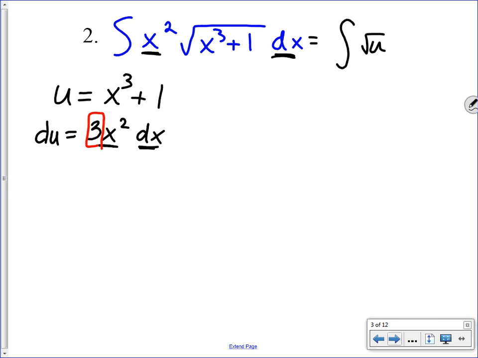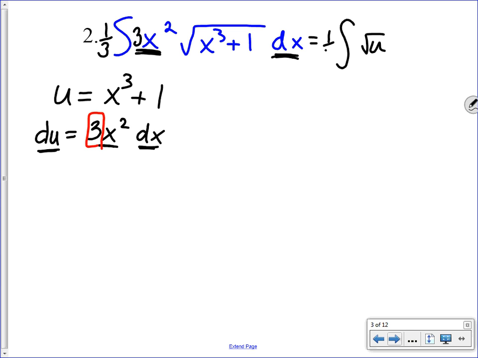I can add the 3 up here to the original integral as long as I cancel it. So if I multiply by 1/3 in front, 1/3 times 3 is just 1, and multiplying by 1 isn't going to change anything. But now I have everything I need to do my substituting. So the 3x squared and the dx get replaced with du.